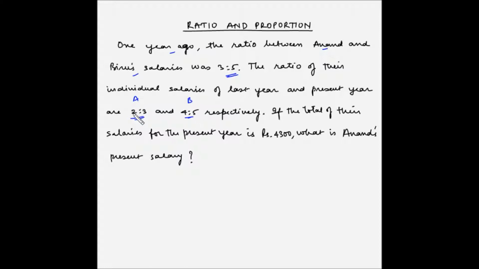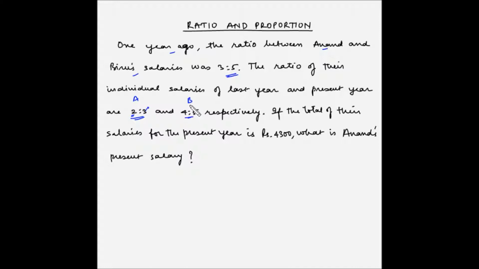So now for A, if you take Anand's salary for last year and this year, add them up and split it into 5 equal parts. Why 5 parts? Because 2 plus 3 is 5. Then 2 parts out of those 5 parts is his last year's salary and 3 parts out of those 5 parts is his current salary.